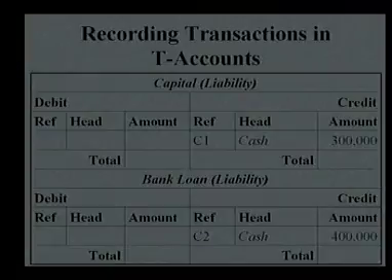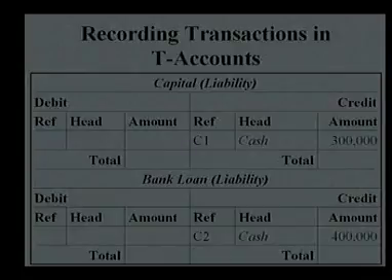So, we will have T accounts for different heads. For example, there would be a T account for cash. Now, there is a peculiar thing about this. Cash T account is nothing but a cash book. If you try to make the cash T account, you will find that it is nothing but the cash book itself.